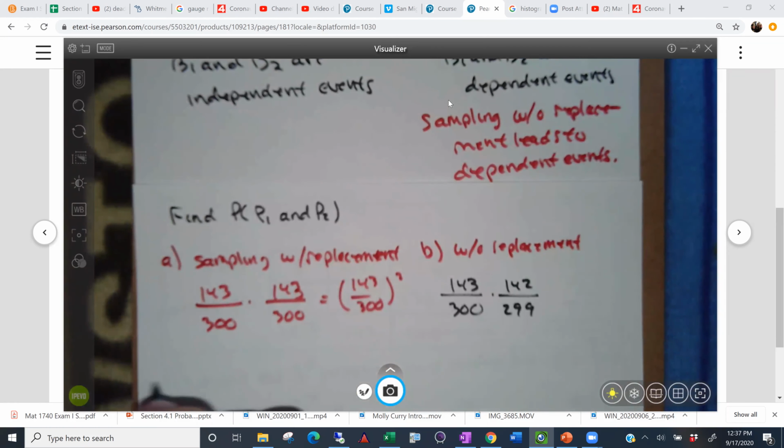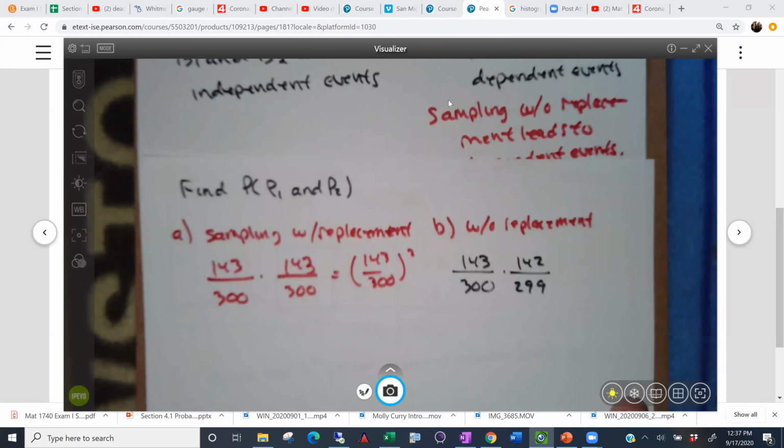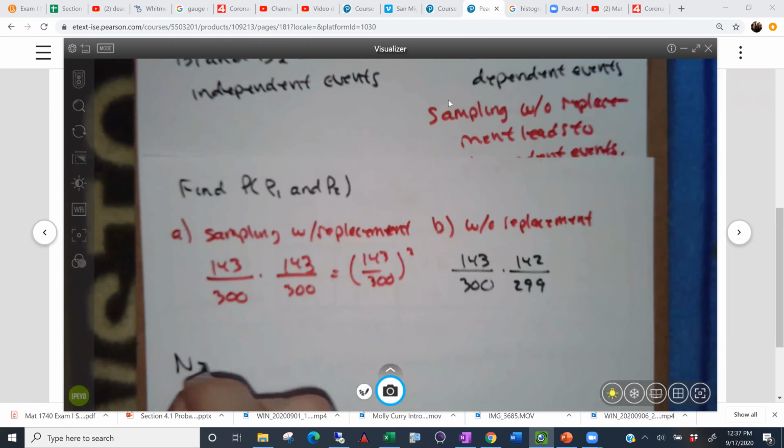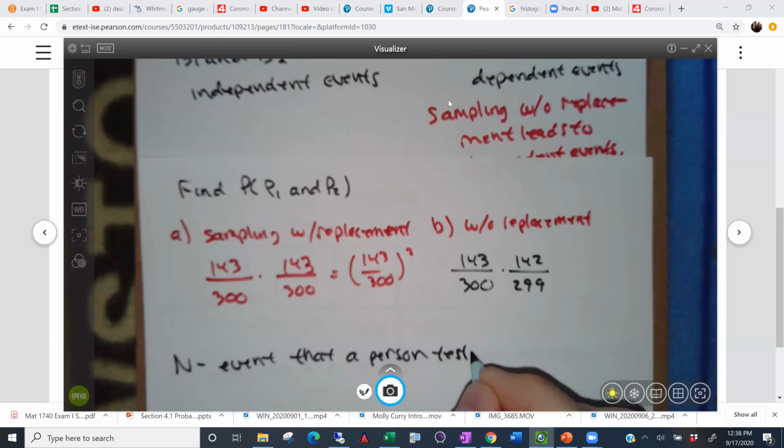For instance, instead of looking at a positive test, I could let N be the event that a person tested negative.